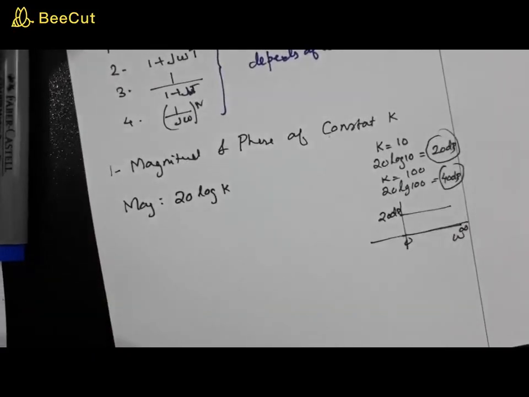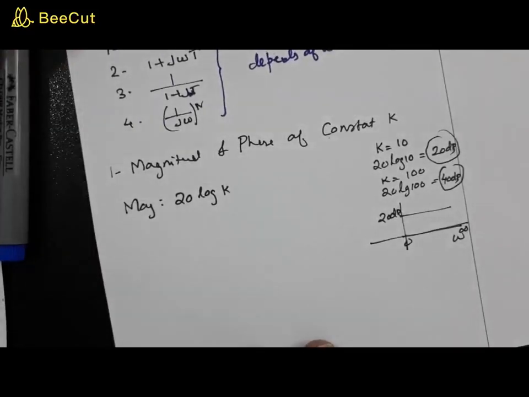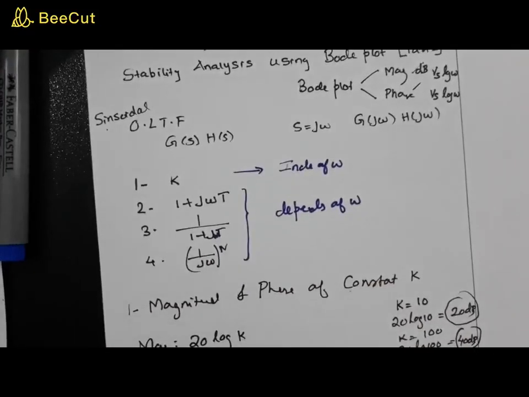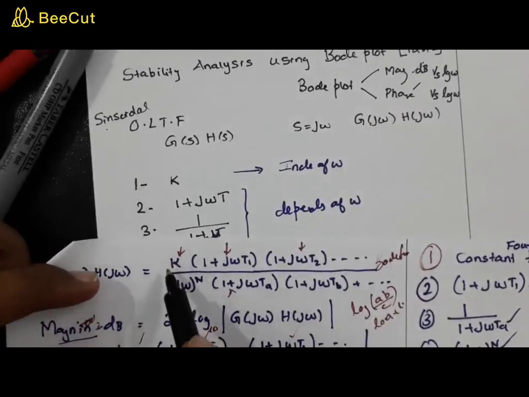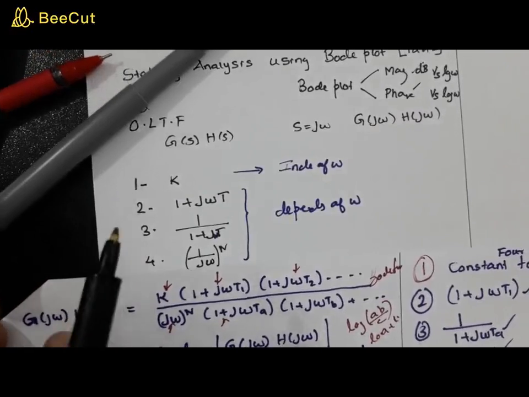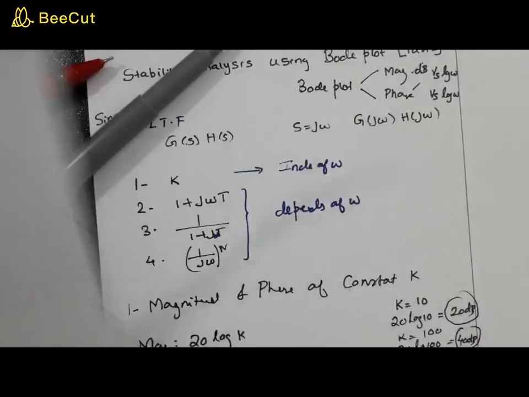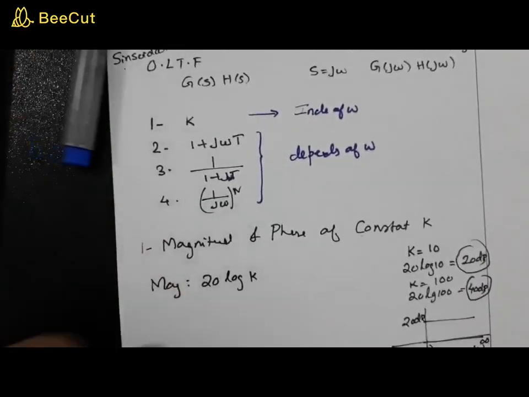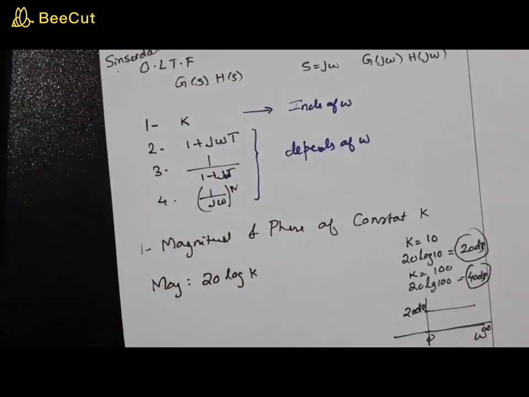So the constant k offers a constant magnitude for this transfer function, which is totally independent of frequency. Throughout the frequency, you will have this magnitude.